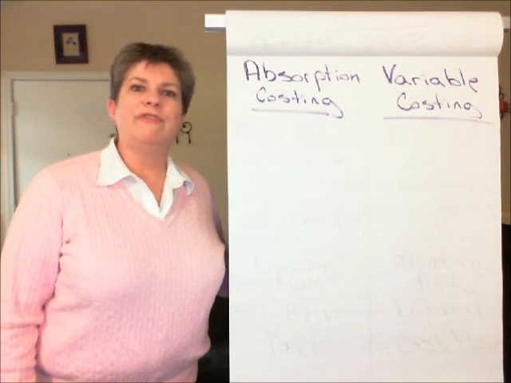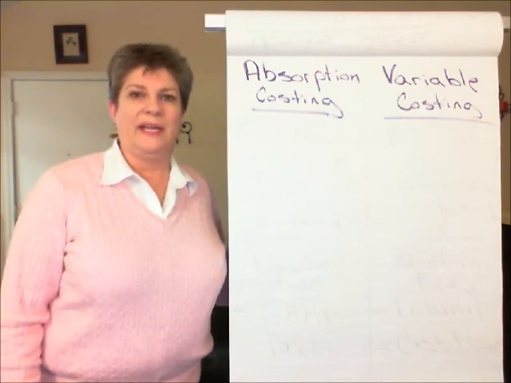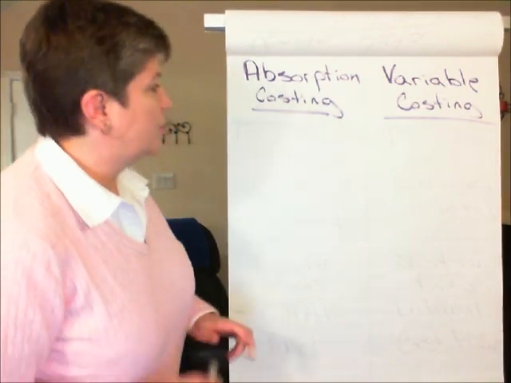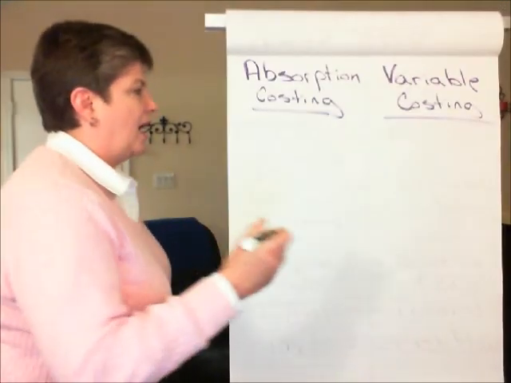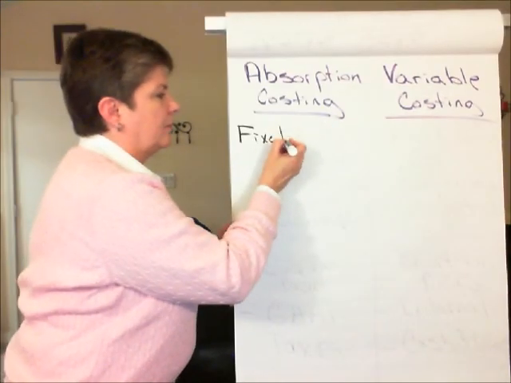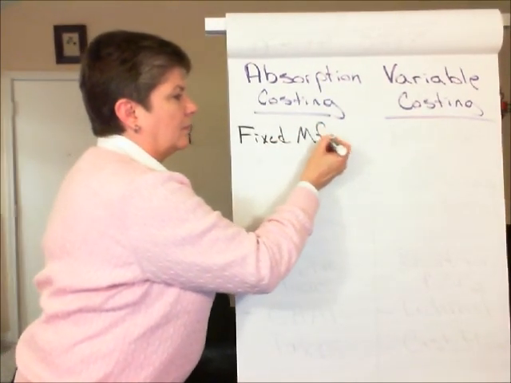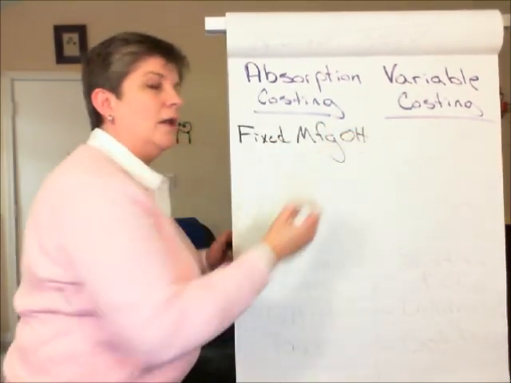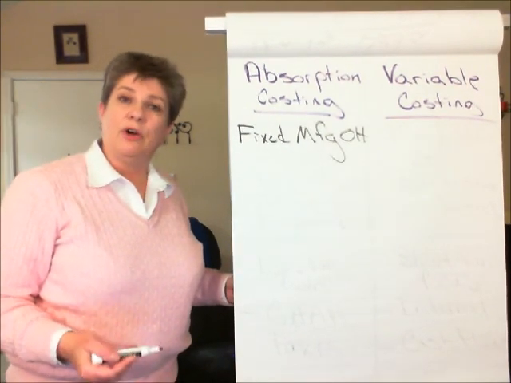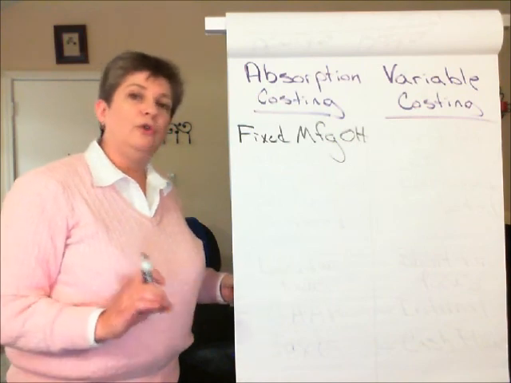Now, let's first just review the fundamental differences between absorption costing and variable costing. First of all, absorption costing assigns fixed manufacturing overhead along with direct materials, direct labor, and variable overhead to the product.